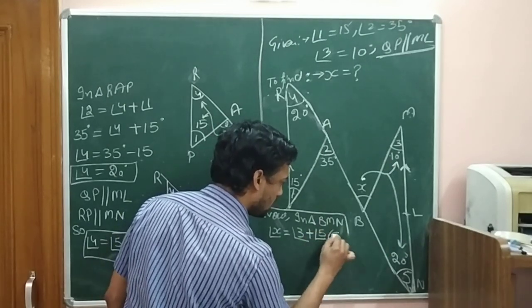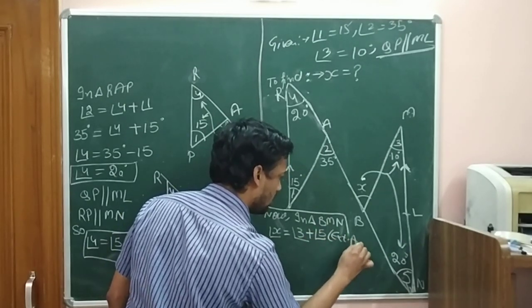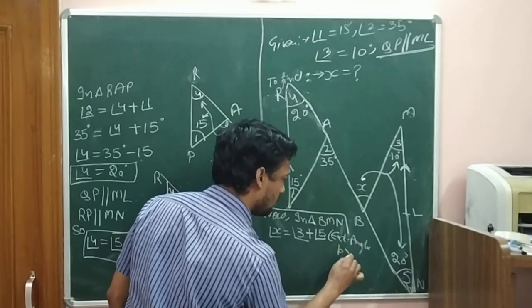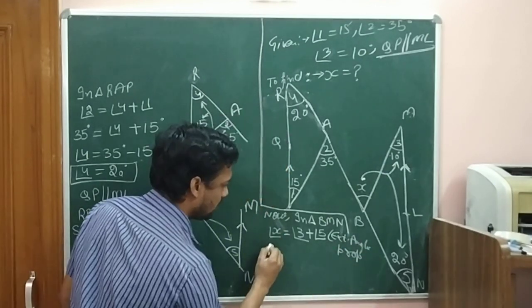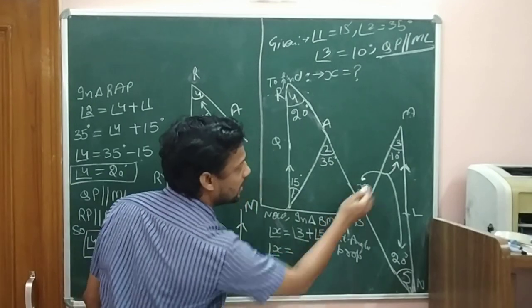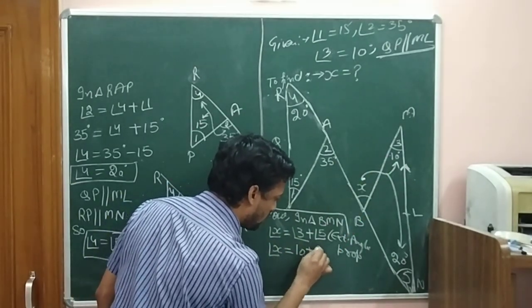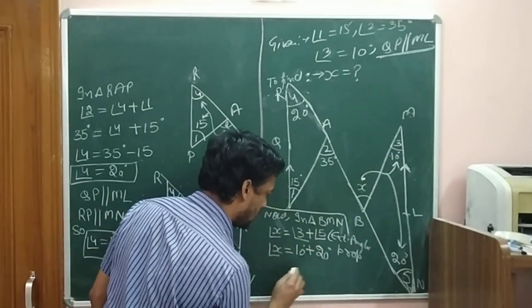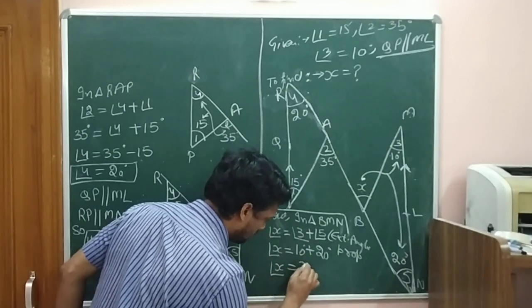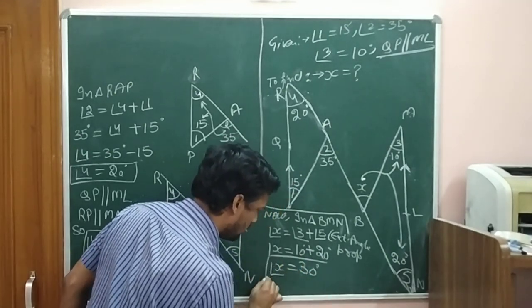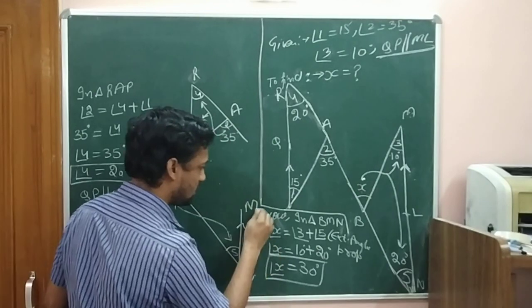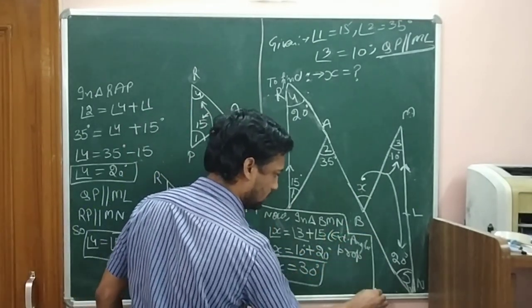Reason? Exterior angle property. What is angle 3? 10 degree. What is angle 5? 20 degree. So 10 plus 20, that is 30 degree. So angle x is equal to 30 degree by exterior angle property.